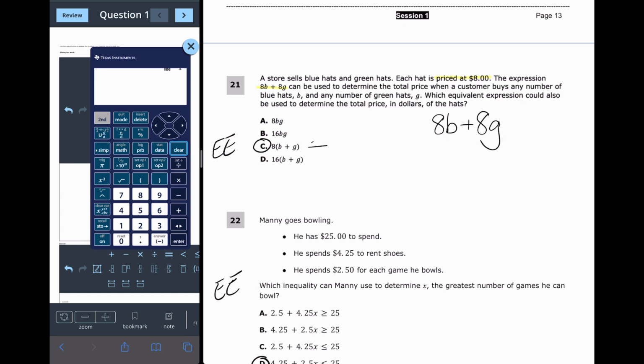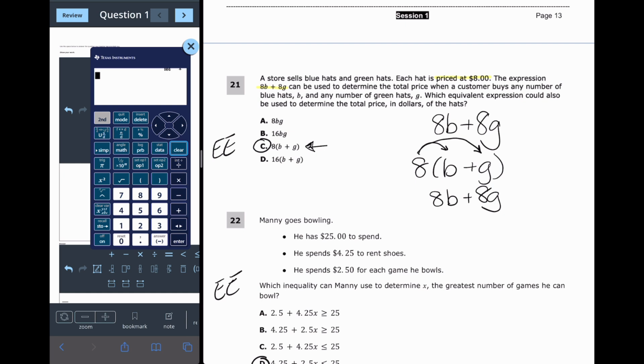And the one that is equivalent is this one, C, because if we distribute and multiply B by 8, you get B8 or 8B. And then if you distribute again, 8 times G, you get 8G. So these are equivalent to one another.